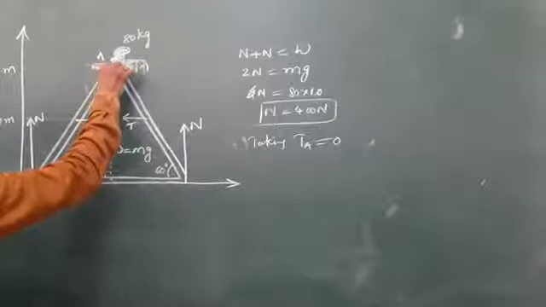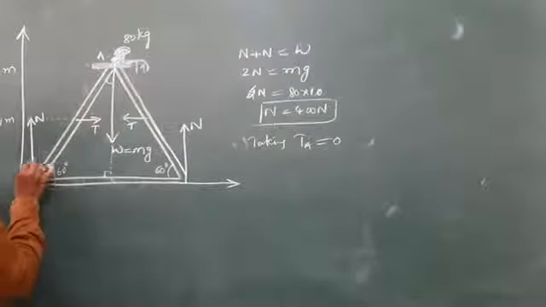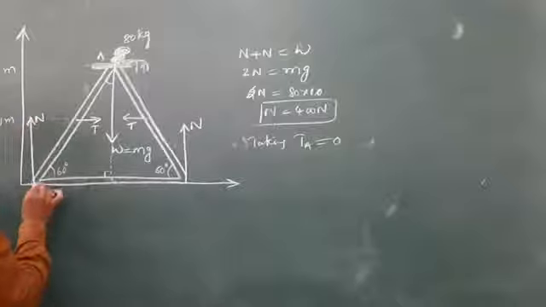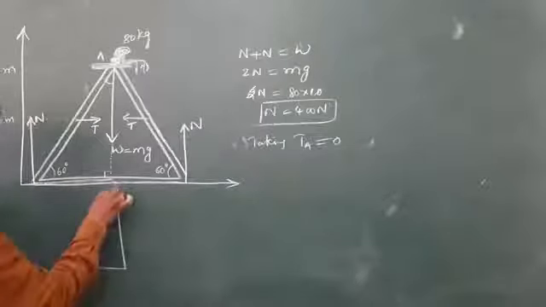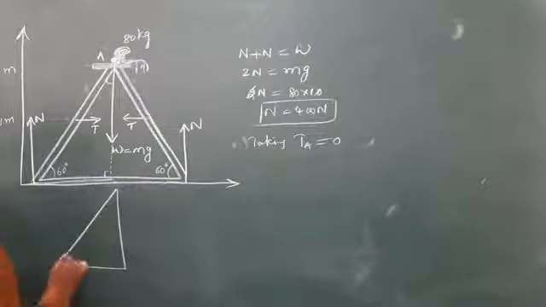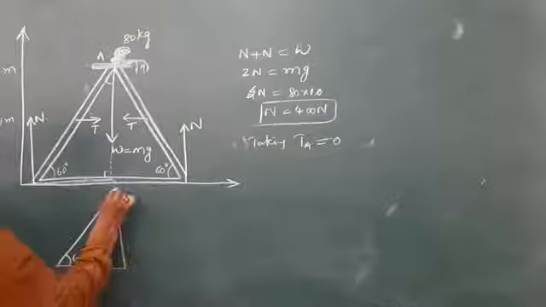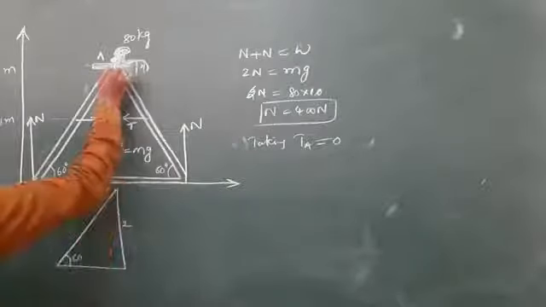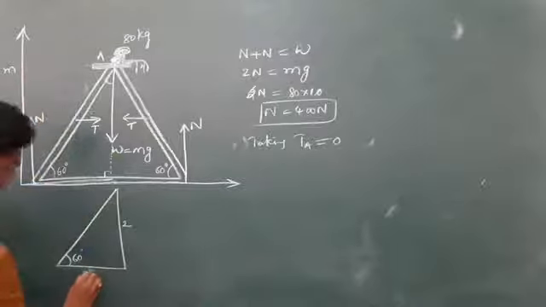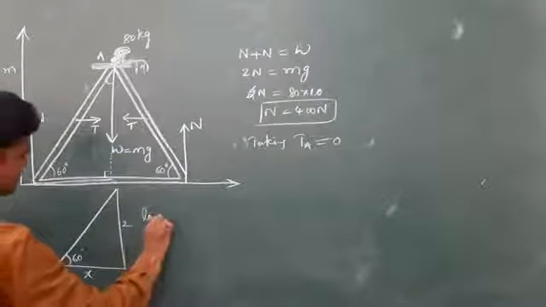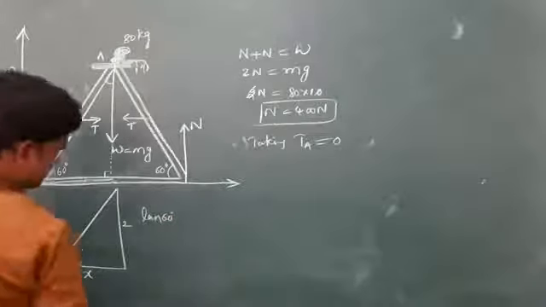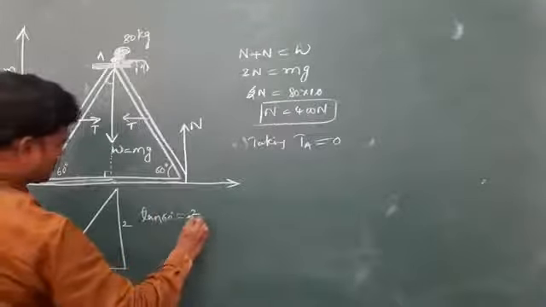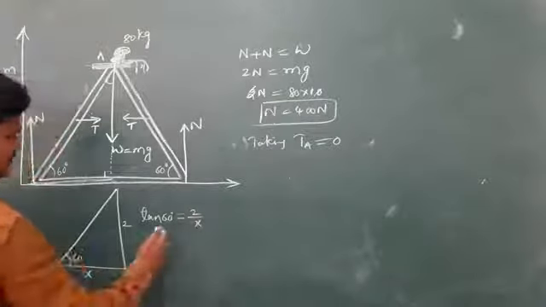Torque about this point is due to this force N, which is at a distance of this one. See the diagram. This is 60, and this is 2 because this height is 2. This is some X. Let us take tan 60, which is equal to 2 by X. This is root 3.